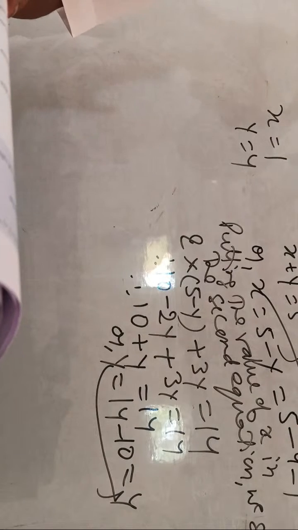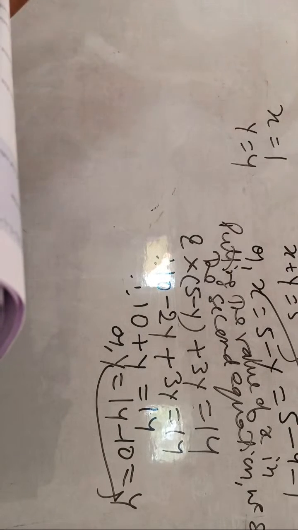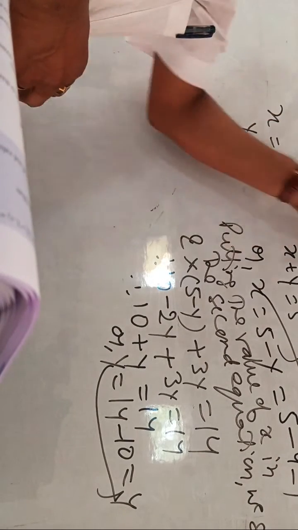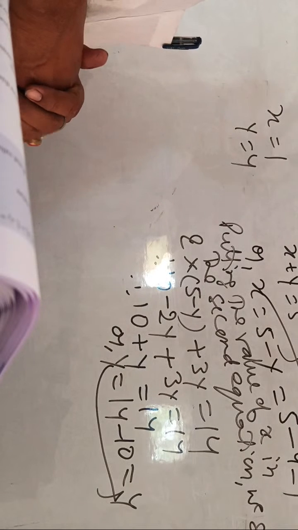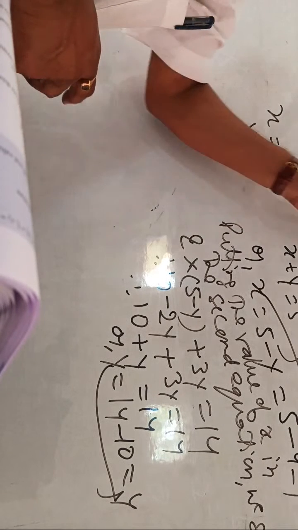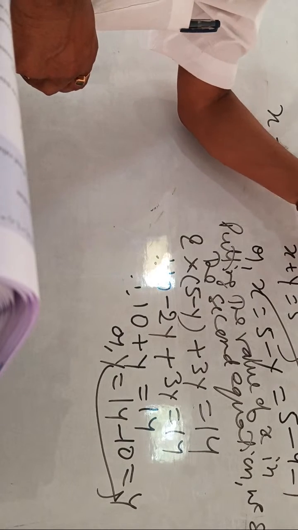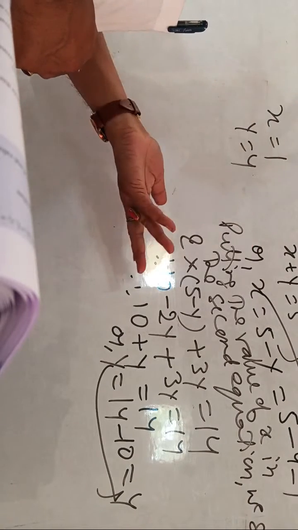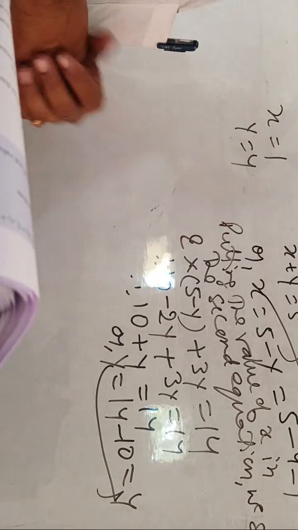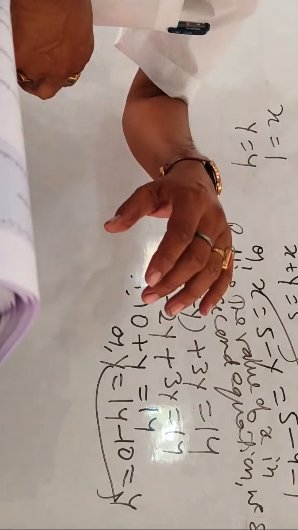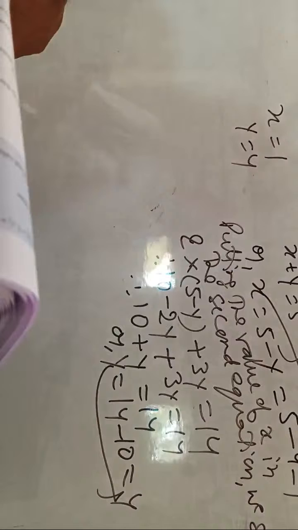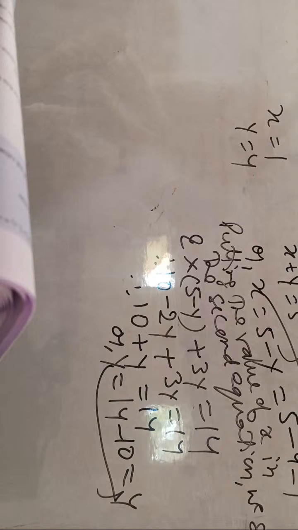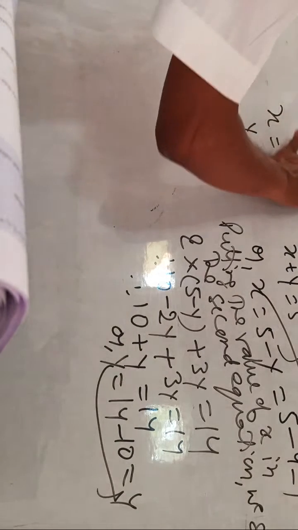So this is called the substitution method, from which we can solve the two equations, by taking the value of a variable from the first equation and putting it in the second. There is another method, the method of elimination. Now you see how we can solve the same equations by the method of elimination.